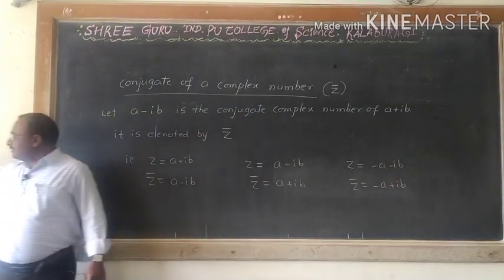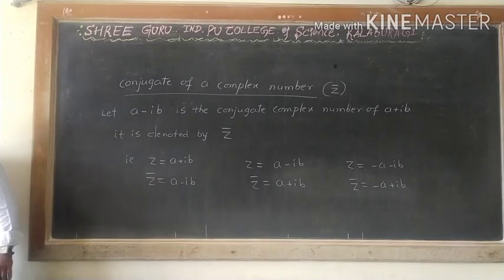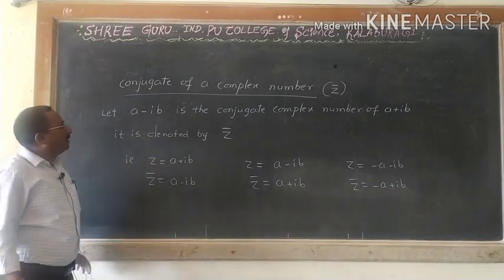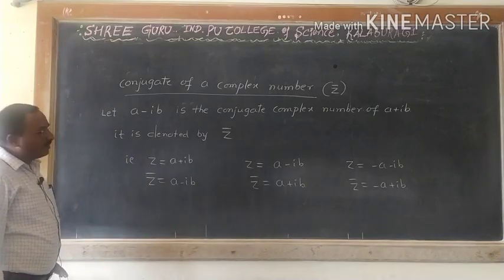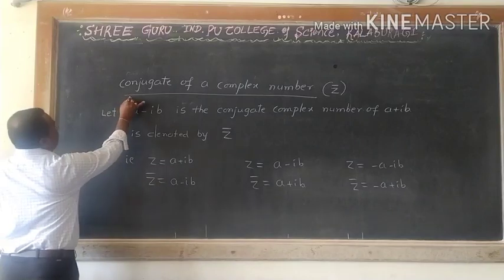Its meaning is what? Conjugate of a complex number means change only the sign of the imaginary part.